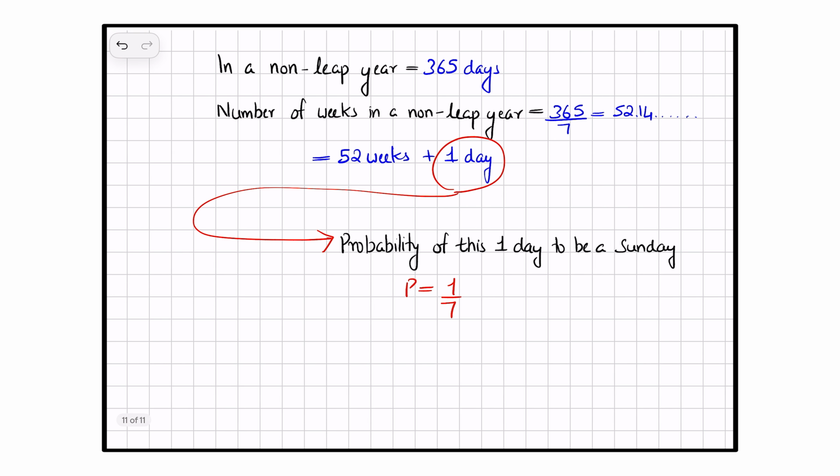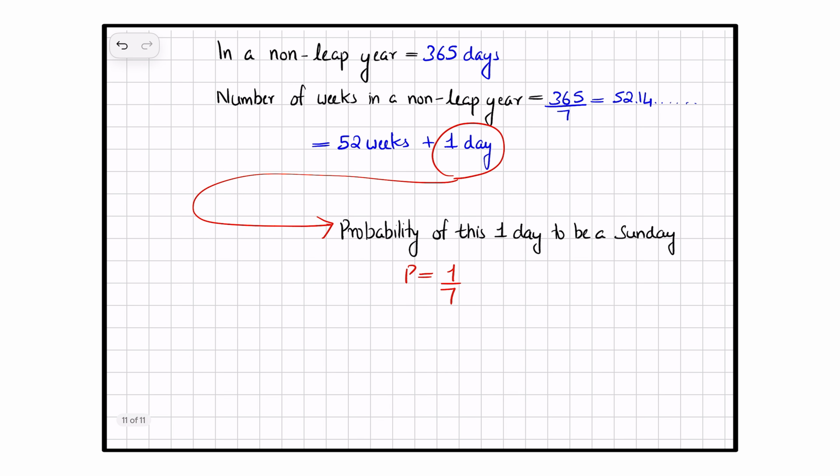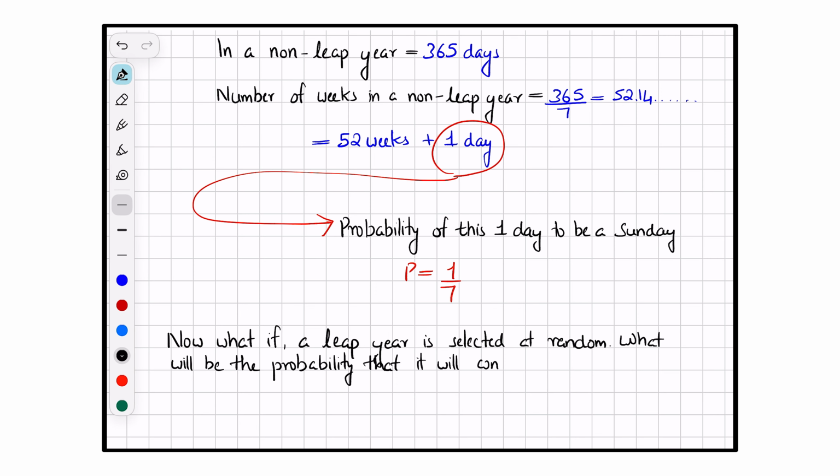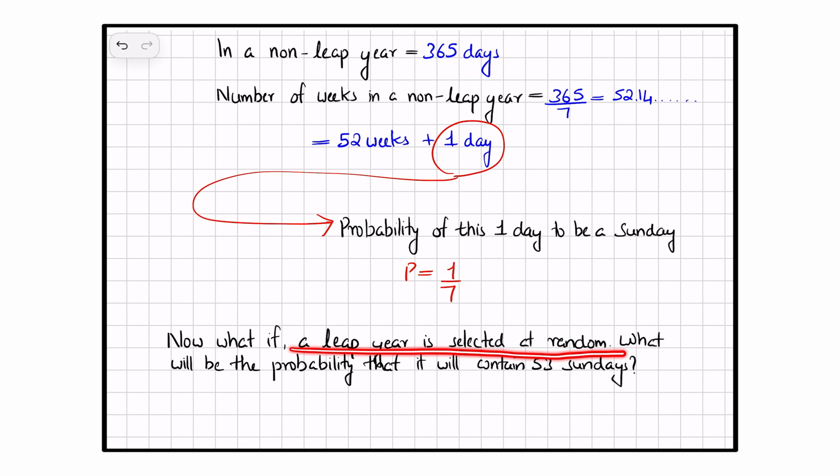Let us ask one more problem from the same question. What if a leap year is selected at random instead of a non-leap year? We are selecting a leap year at random. What will be the probability that it will contain 53 Sundays?